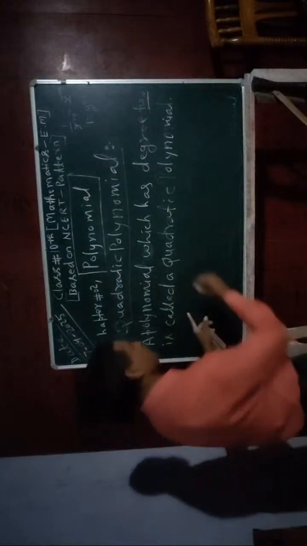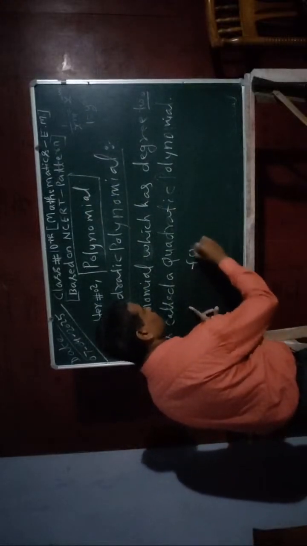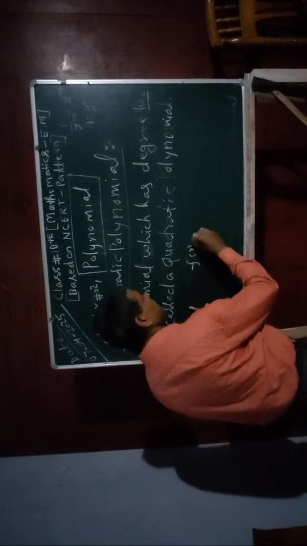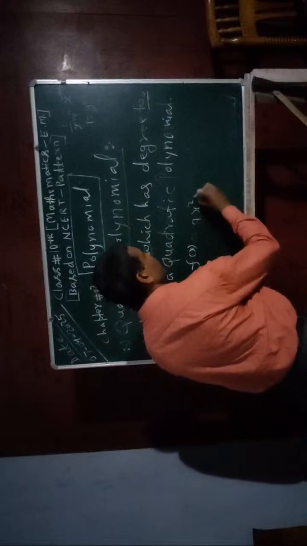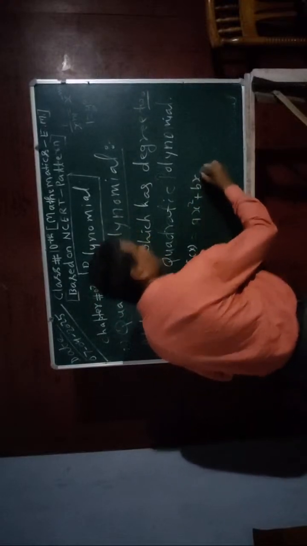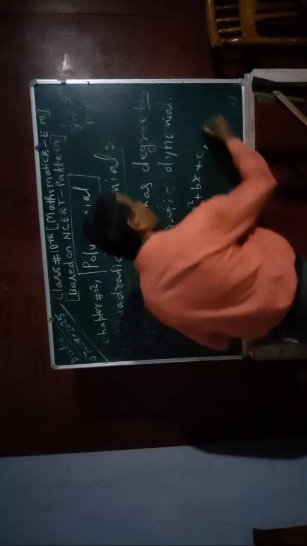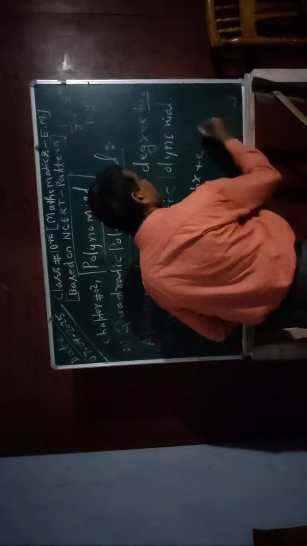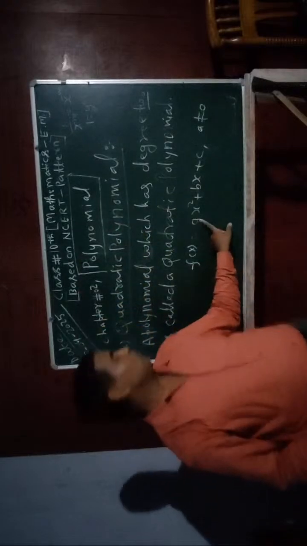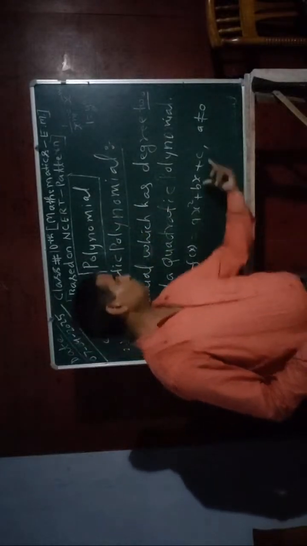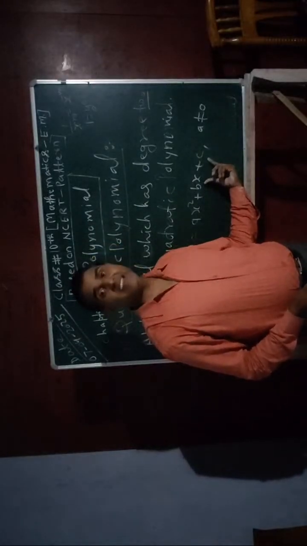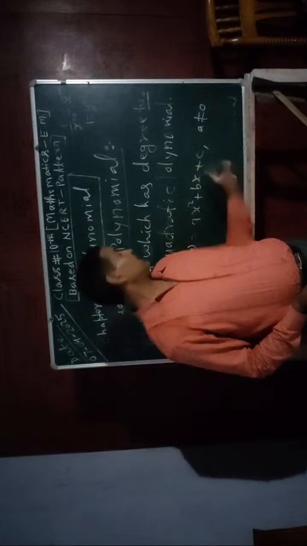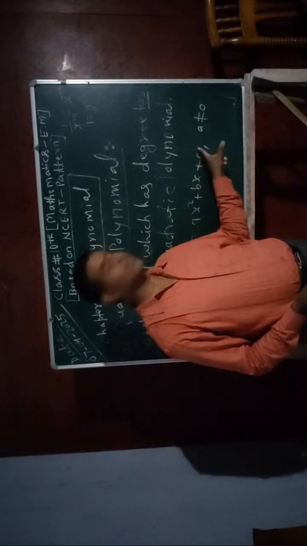For example, f of x is equal to a x to the power 2 plus b x plus c, where a cannot be 0, because if a is 0, this term will be 0, so this will be a linear equation, since this term has power 1 and this term has power 0.